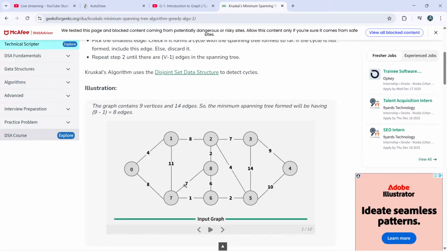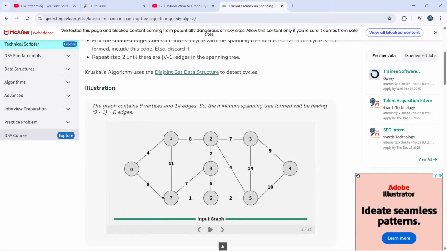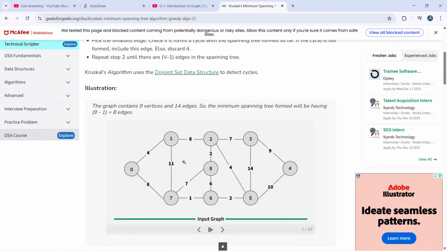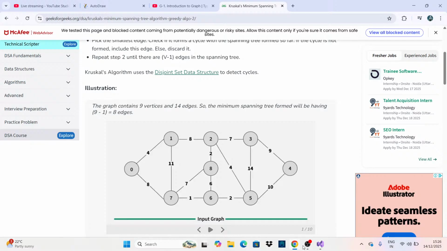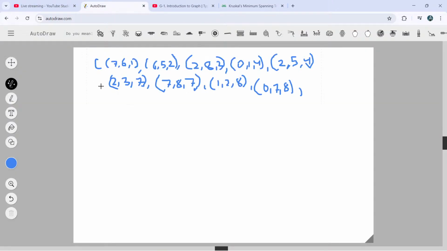Then we have 1 2 with weight 8. Then we have 0 7 with weight 8. Okay, then we have weight 9. 8 6, I think.